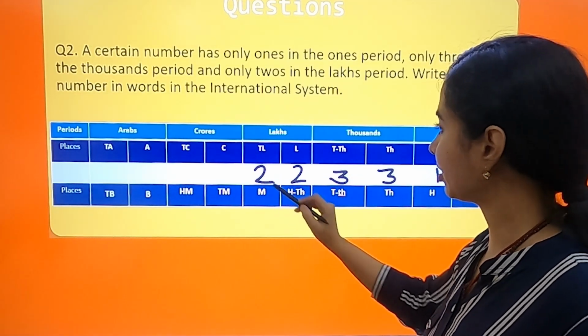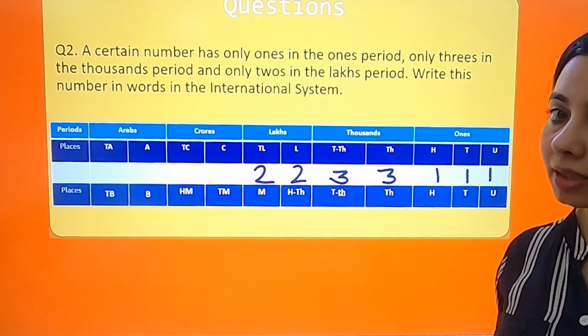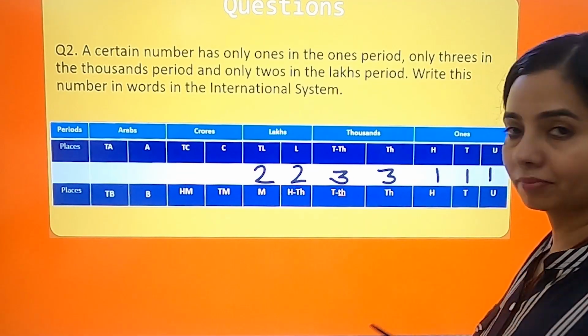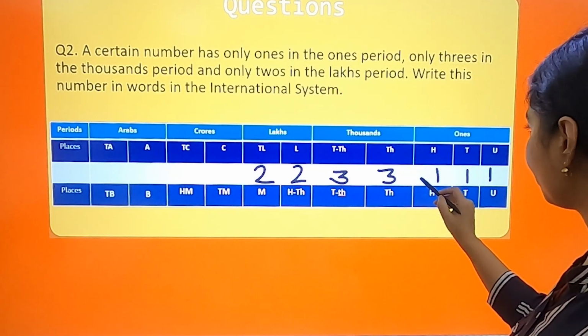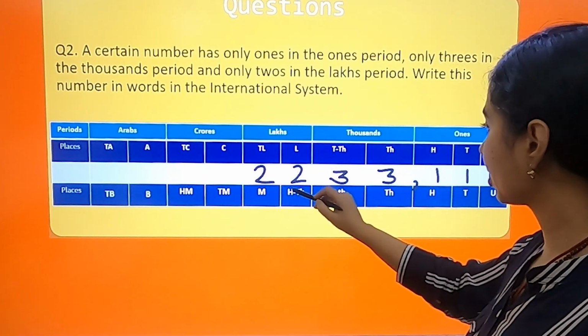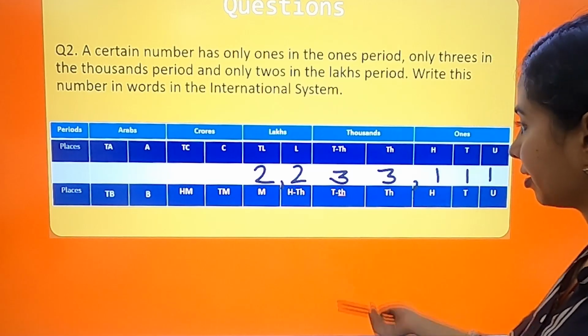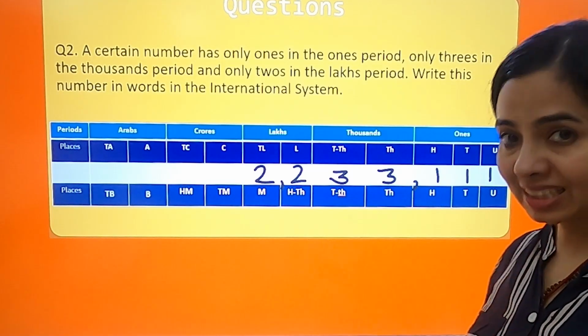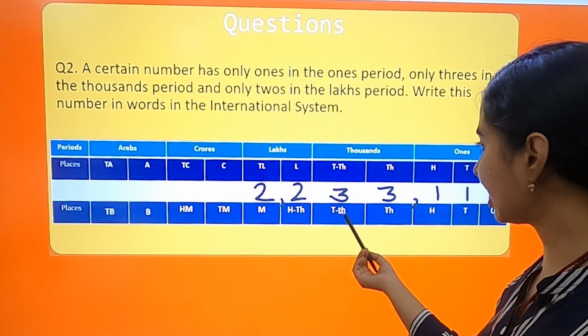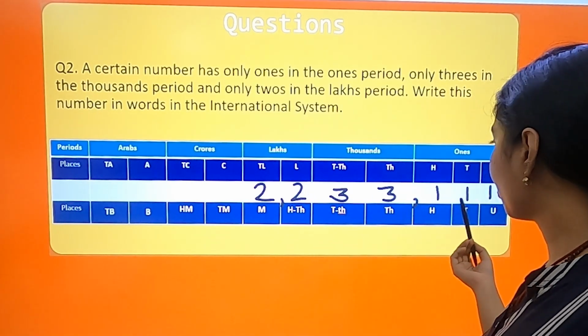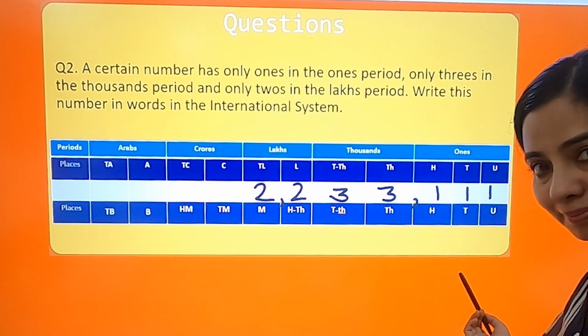And then we have to find what the number is in the international system. Now our job is pretty easy. First we'll put the commas according to the international system, and here we got a number. So let's read it. 2,233,111.